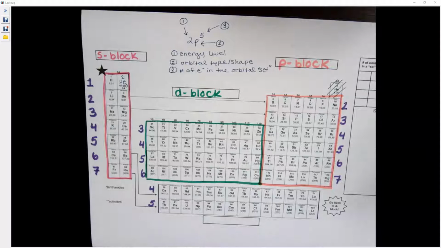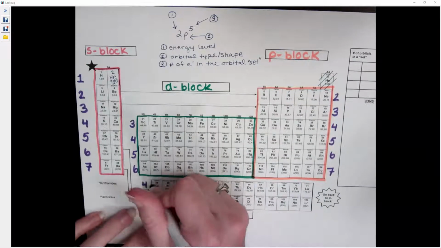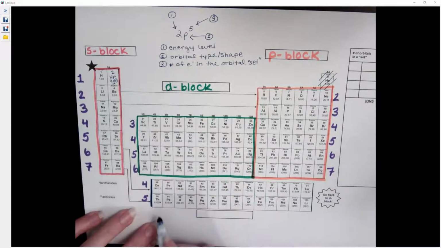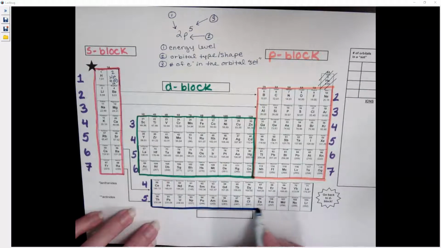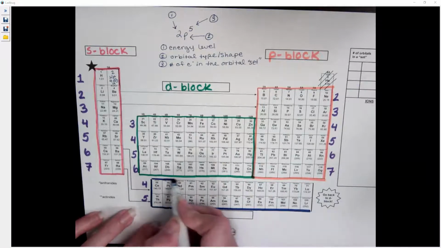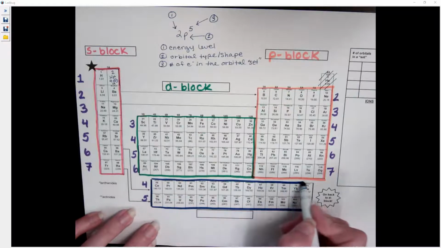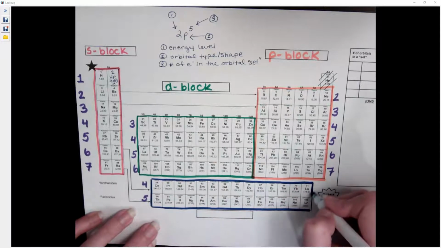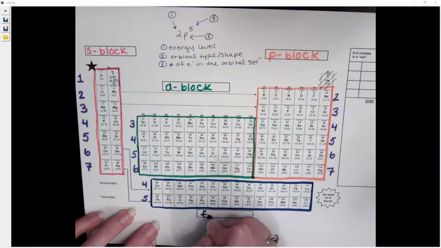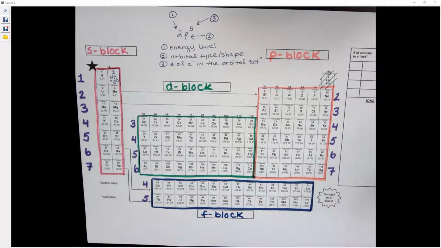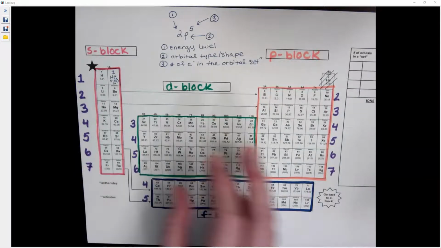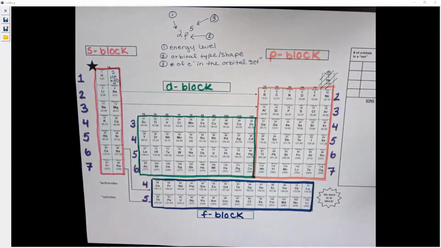Remember, this is the one that we chopped out, using blue, and this is F block. So you can see that we have sections on here that are going to be placeholders for representing the different blocks, the different orbital types that we can have.